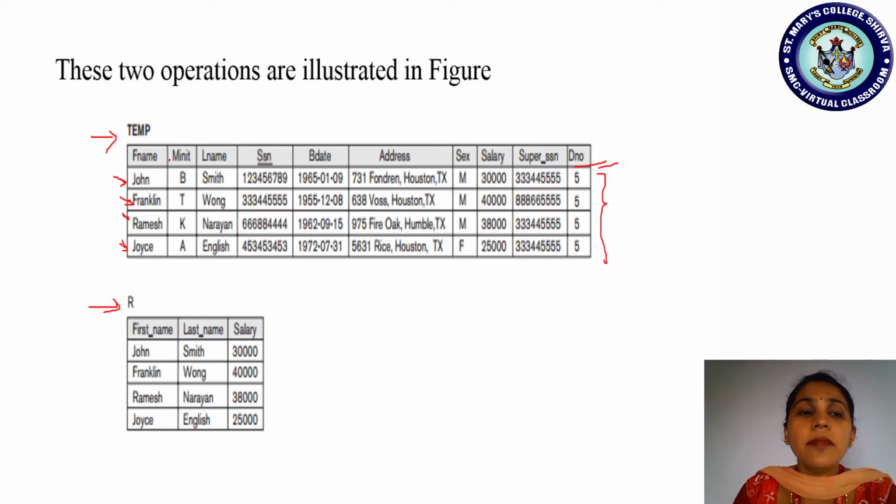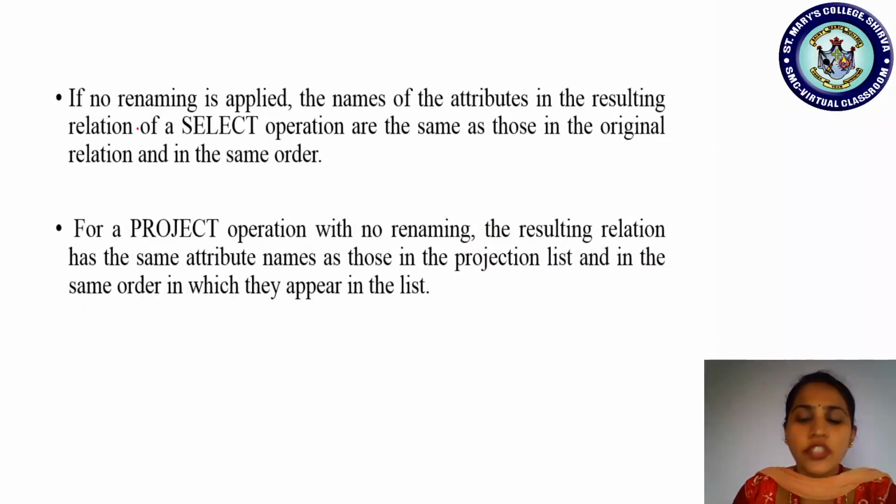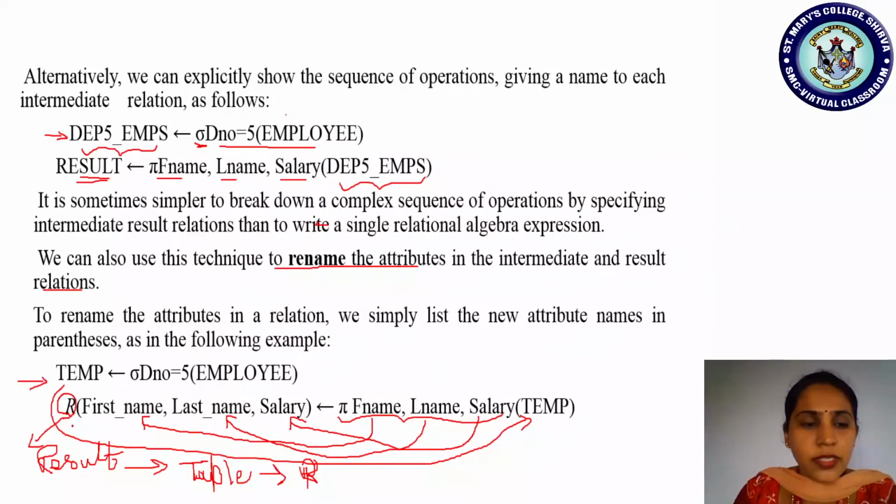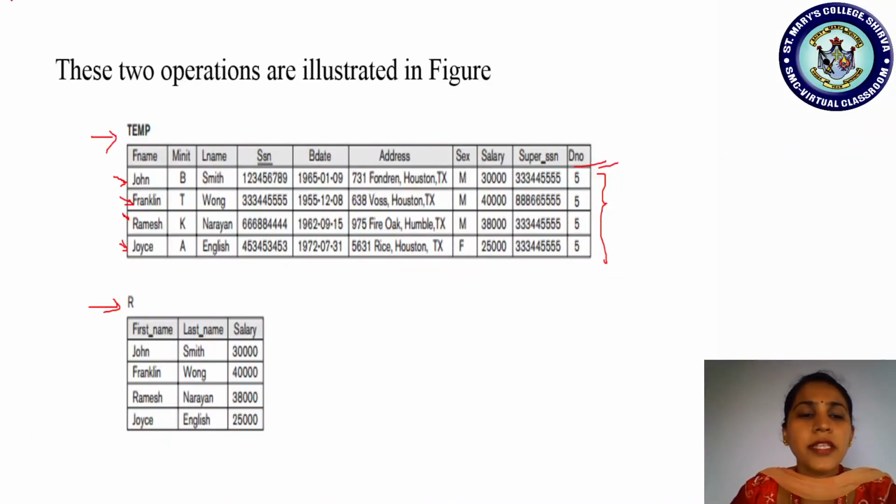Project first name, last name and salary information from which relation? Temp relation, as we were told. So just check out here, students. R, first name, last name, salary. See, the result is given with a new relation name R, and the attribute names are, instead of F name, L name, salary, first underscore name, last underscore name and salary, right? See, the same thing is shown here.